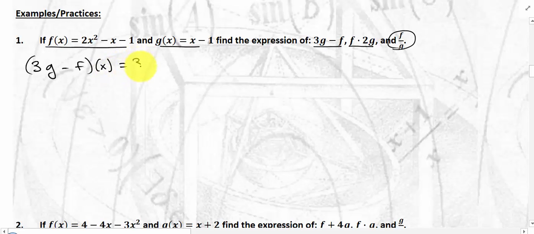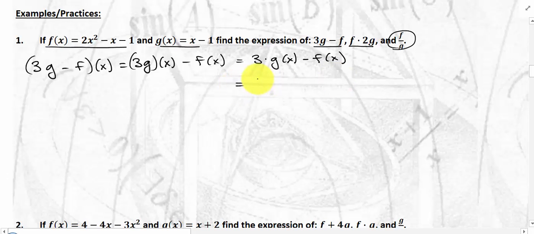All right, let's go over an example. Here we go. In my first example, I'm given 2 functions, and I want to find 3g minus f, f times 2g, and f over g. So let's start with 3g minus f applied to x. Well, this is just 3g applied to x minus f applied to x, and 3g applied to x is just 3 times g of x minus f of x, okay?